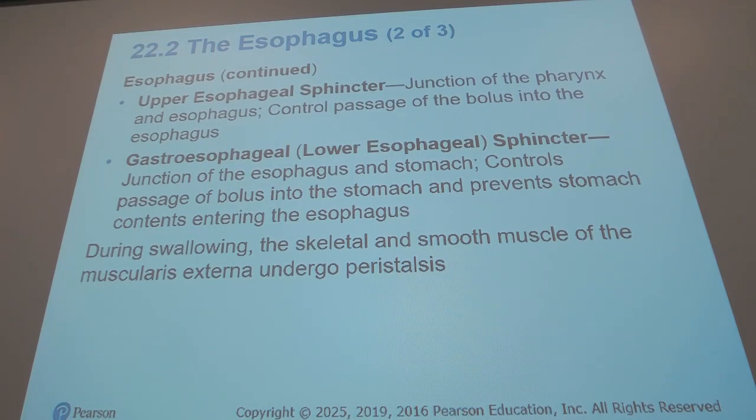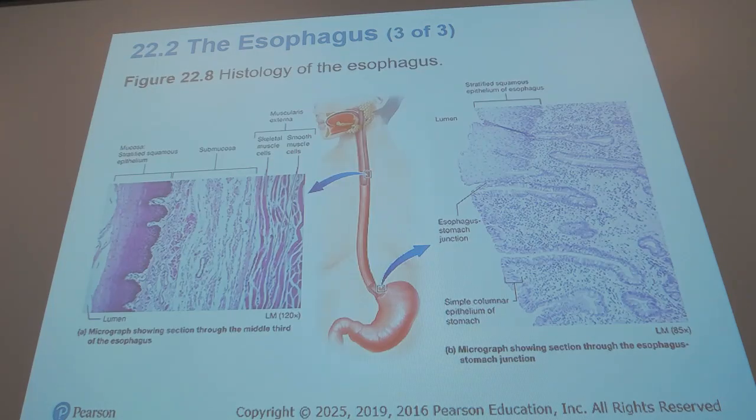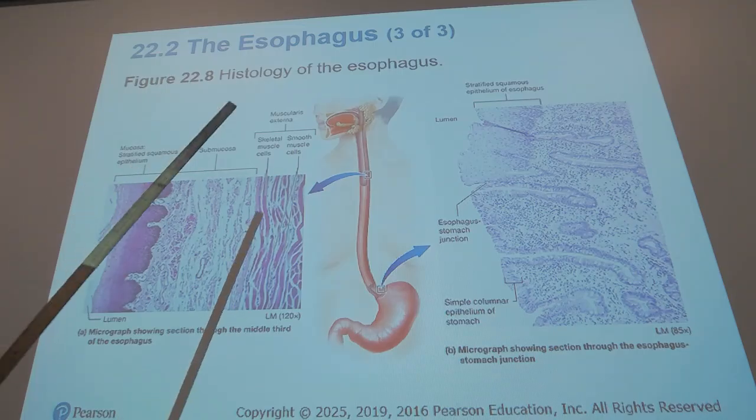That will irritate your esophagus, and if that is not corrected with time, that can lead to esophageal cancer. So during swallowing, both skeletal and smooth muscle cells undergo contraction and relaxation, causing peristalsis. So here is the view of the esophagus.